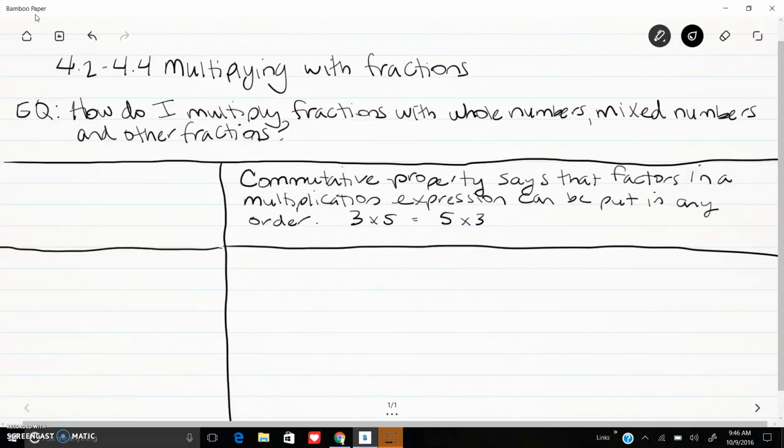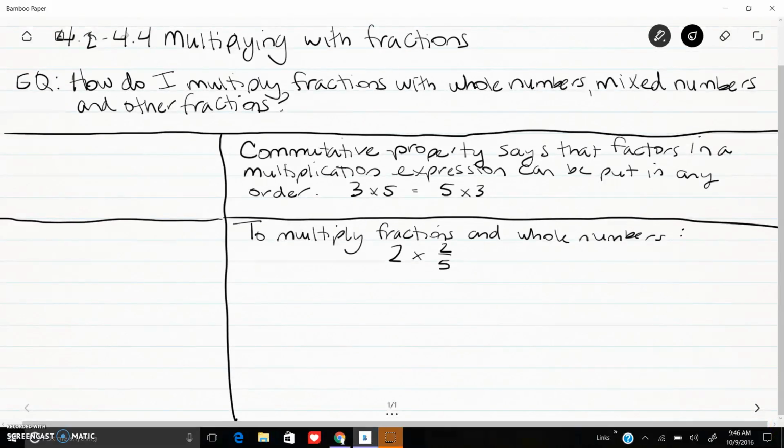All right, first thing we're going to work on is to multiply fractions and whole numbers. So let's say I had 2 times 2/5. So I have one part that's a fraction, one part that's a whole number. Remembering what I know about whole numbers is that the whole numbers are always over 1.